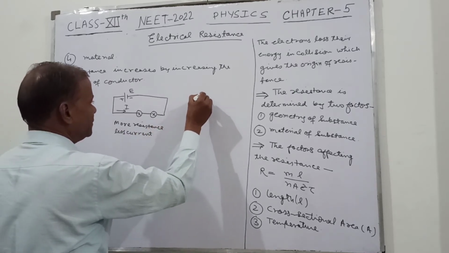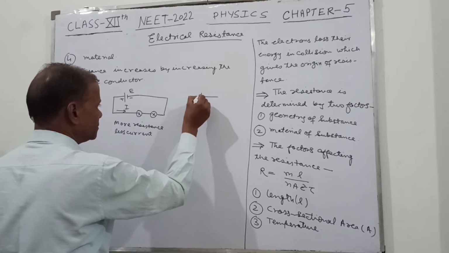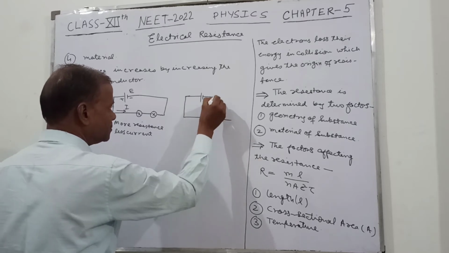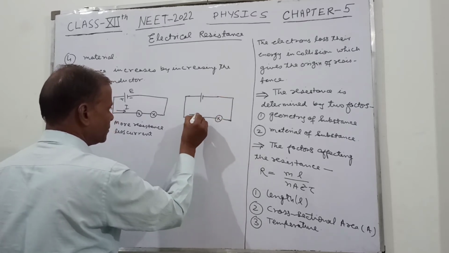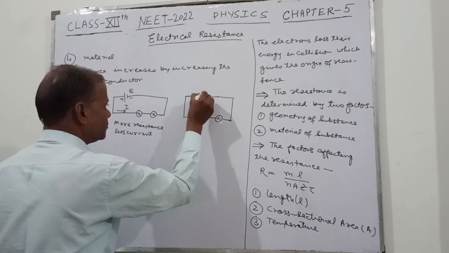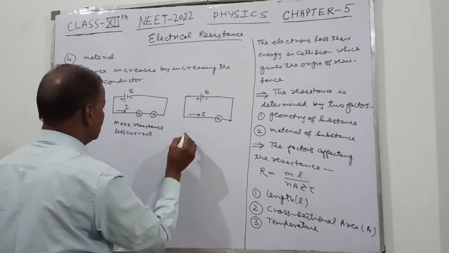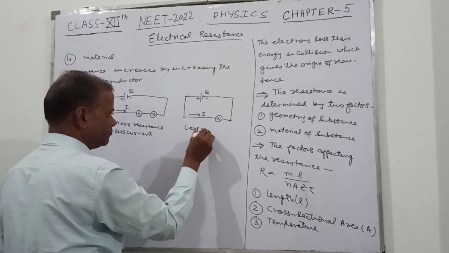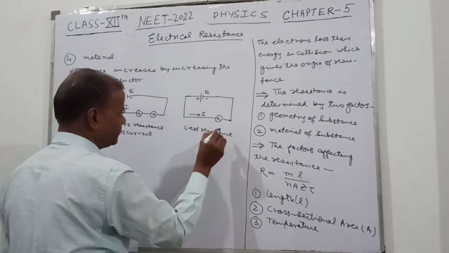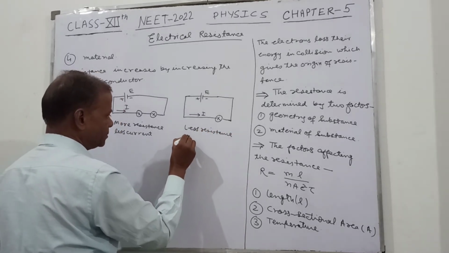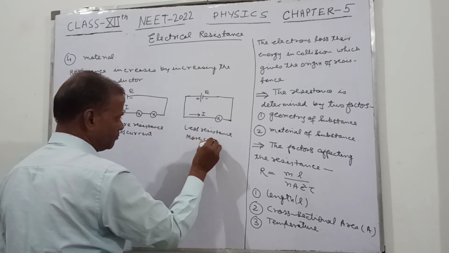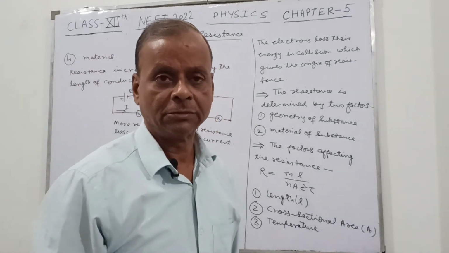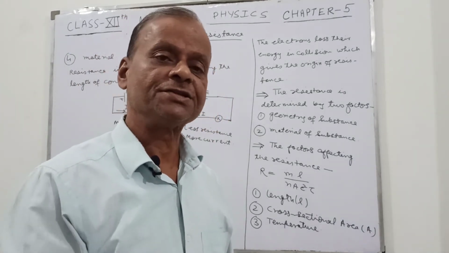And if suppose we have a shorter one like this, here we have less resistance. More current. So current increases when the resistance is lowered, and current decreases when resistance is increased.